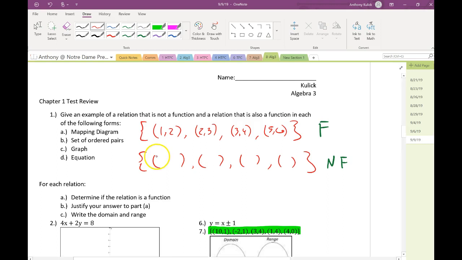So the one that is not a function, what does it need to have? Repeating x values. So maybe I just switch those first 2 coordinates and keep everything else the same. And that's not a function. Everybody okay there?